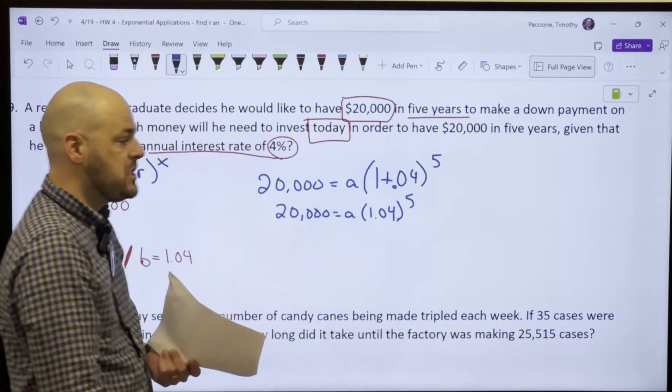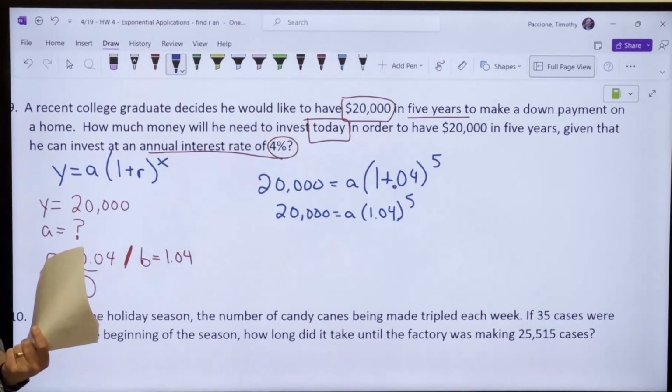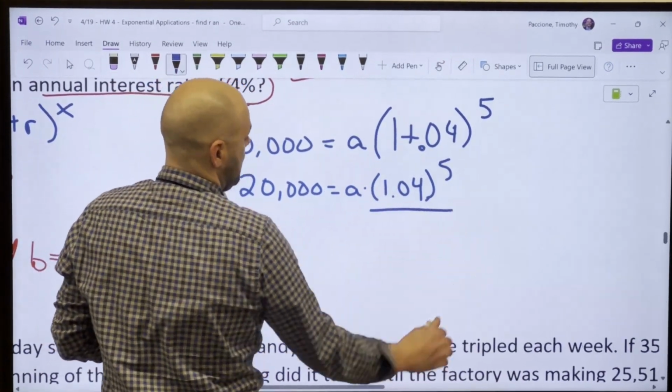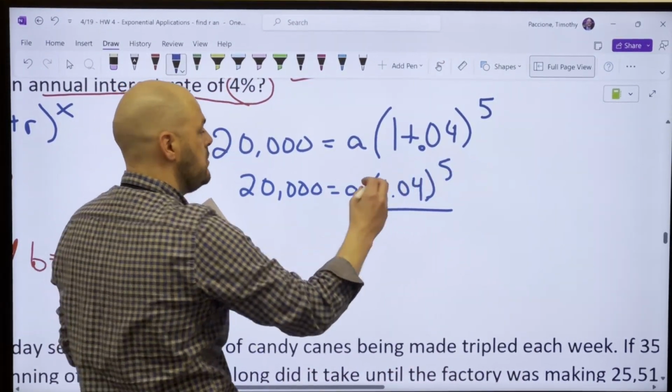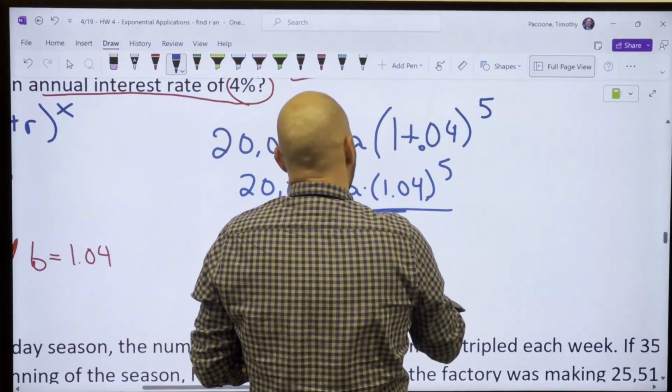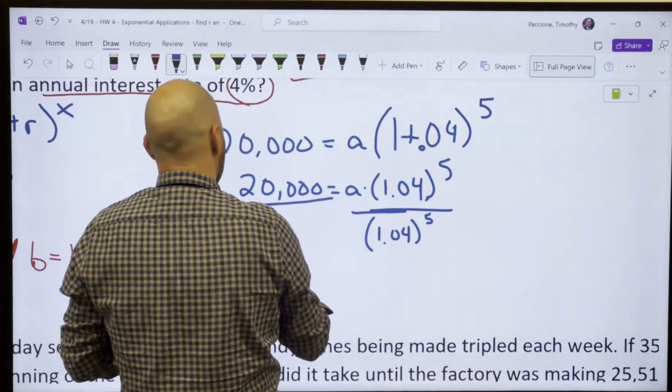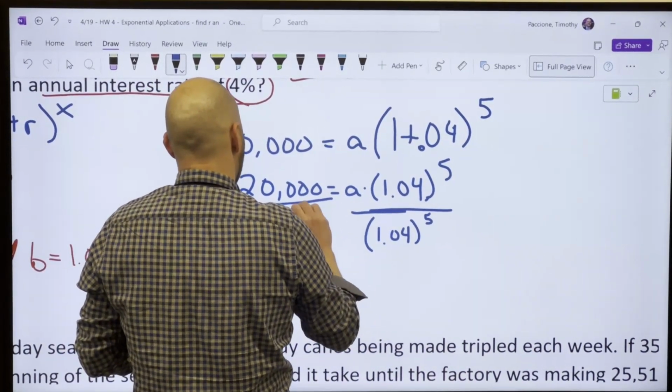I need to solve for A. What's happening to the A? It's being multiplied by this thing, so I should divide by it. 1.04 to the 5th, and over here, 1.04 to the 5th.